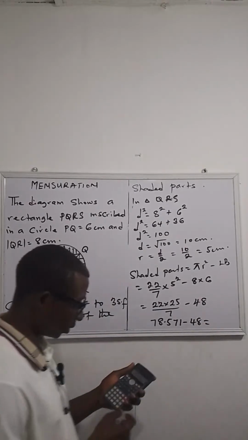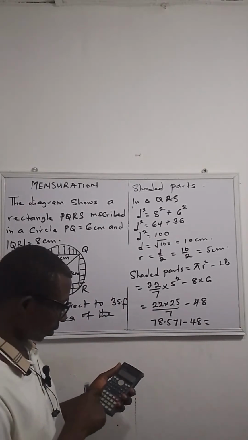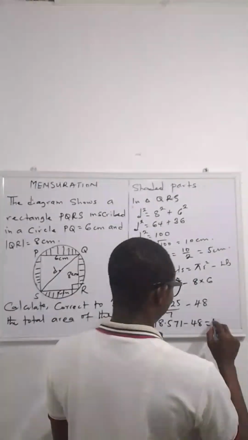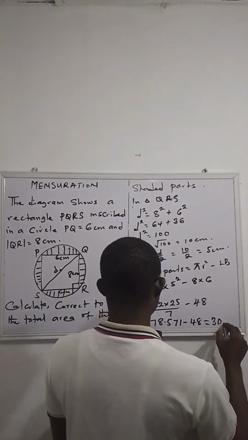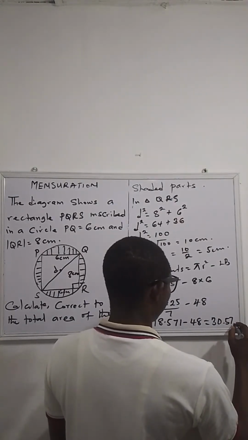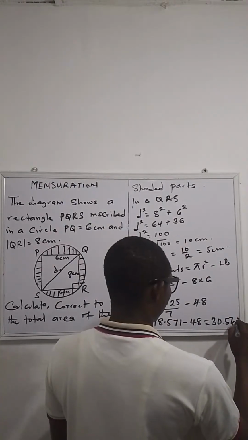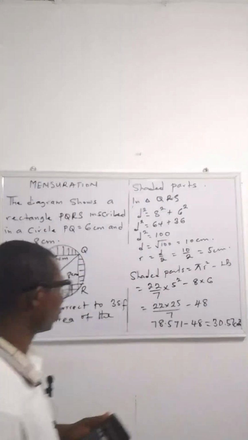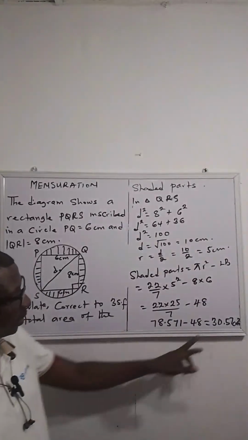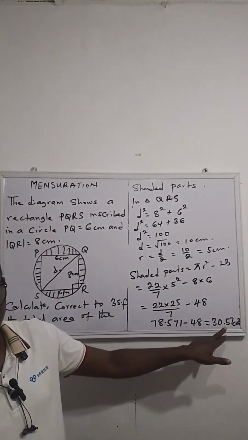So when we subtract 48, what do we have? We have 30.57 centimeter square. Okay, so 30.57 centimeter square. So this is the area of the shaded region.